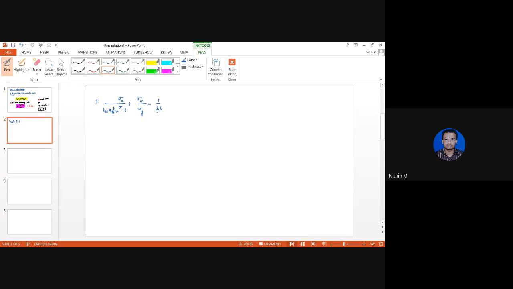What is this? Is this the Soderberg criterion or the Goodman criterion? This is the Soderberg criterion, which is made use of for ductile materials. Why? Because we have a term containing the yield strength of the material. For any brittle material, it is quite difficult, as the material will not yield at all, so there will be no parameter called yield strength.